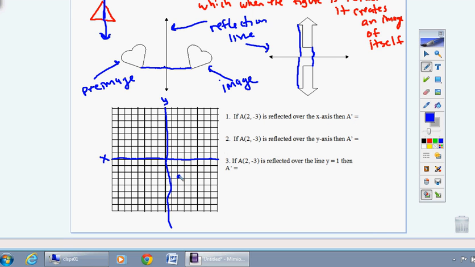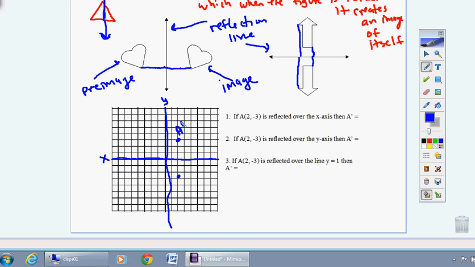So if I reflect this point over my x-axis, where's my new point going to be? Well, let's count the distance from this point to the x-axis: 1, 2, 3. So then I have to go 3 points beyond the x-axis: 1, 2, 3. So my new point, or my image, would end up right here.